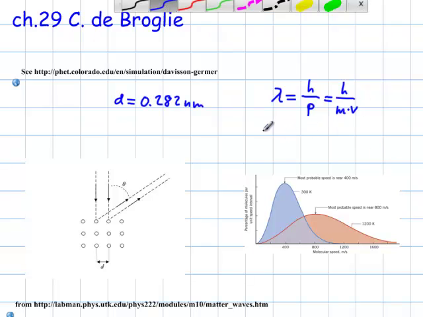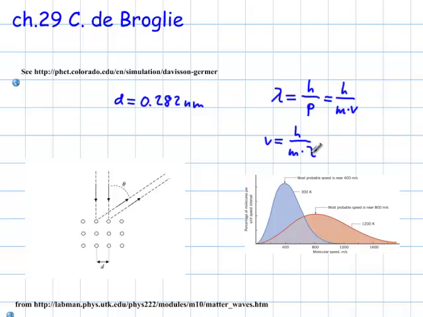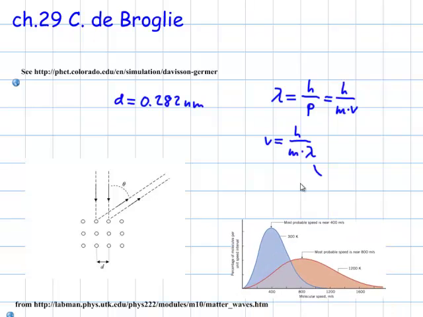Okay, then it's just a matter of one algebra step, because they actually want us to figure out the velocity of that particle. So it's going to be h, Planck's constant, divided by the mass of the particle and the wavelength. And the wavelength here, as the problem says, I moved this down a little bit, there we go, is given as the spacing between the atoms in the crystal, and then the mass, of course. These are neutrons, so the mass of the neutron.